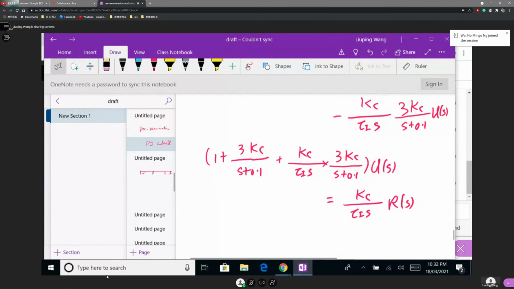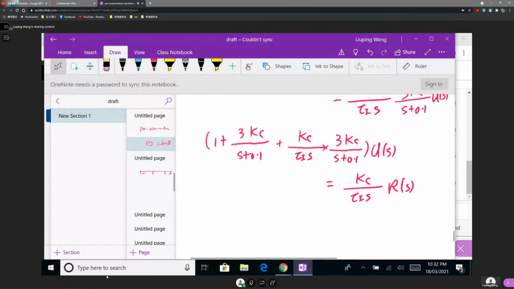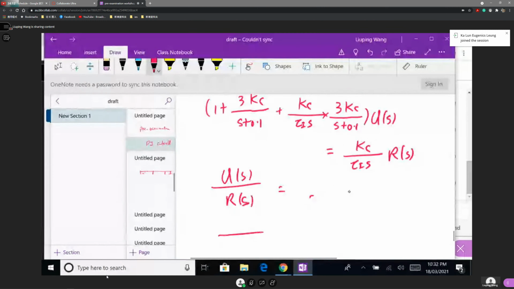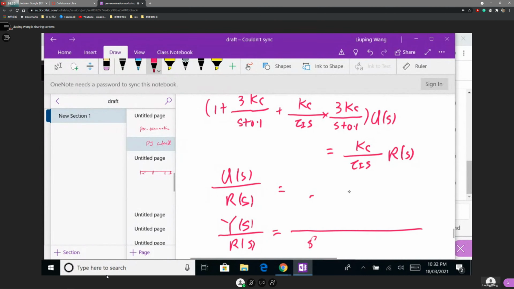So this is your closed loop system, so your U of s over R of s. I'm going to work this out, and then you work out Y of s over R of s. In this case, it's going to be s squared plus 2 times 0.707 s plus 1, and then the top is going to be 1. So this is your answer.